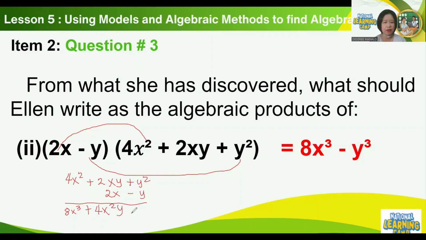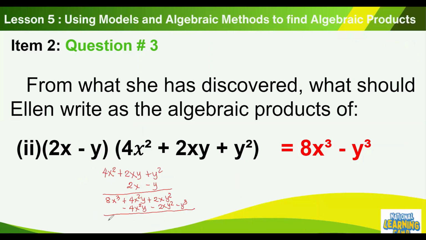Next, 2x times y squared is 2xy squared. Let's proceed to the next multiplier. Negative y times 4x squared, so we'll have negative 4x squared y. Then negative y times 2xy is negative 2xy squared. And the negative y times y squared is negative y cubed.